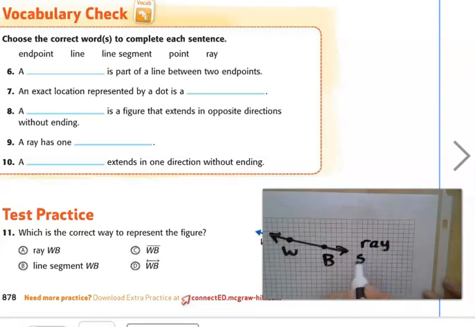Is it a segment? Or is it a line? And remember, a ray can be labeled that way. A segment would just be this line without any arrows, and a line would be labeled this way. So choose the option that best matches what you see in your book. And that'll get you through the homework as well.